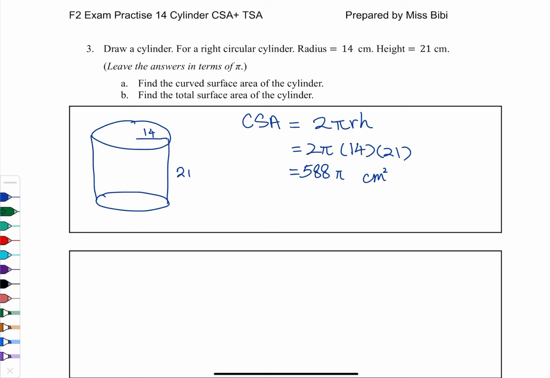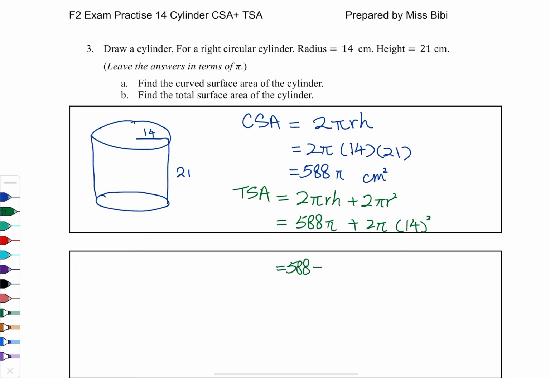How about TSA? TSA means include everything. So not just the curved. Curved is 2 pi r h. And then we also have two of the circles. Circle is pi r square. So we already know the CSA, which is 588 pi. How about the radius? Do we know it? Yes, we do. And then just click 588 pi plus 2 pi 196.